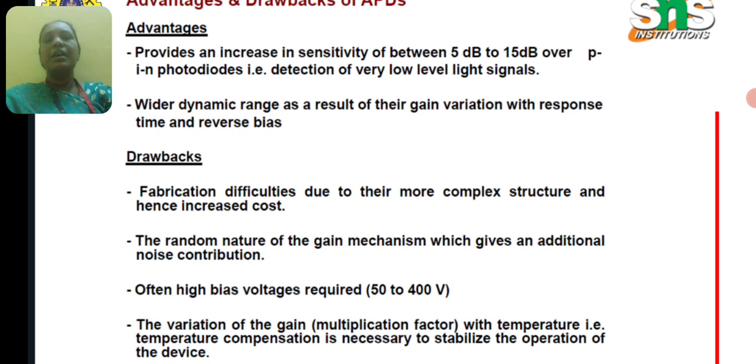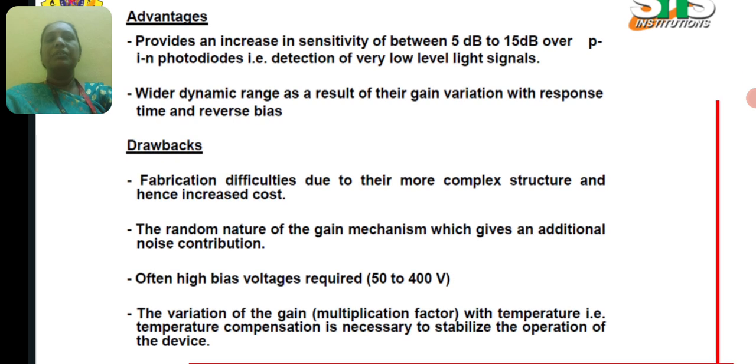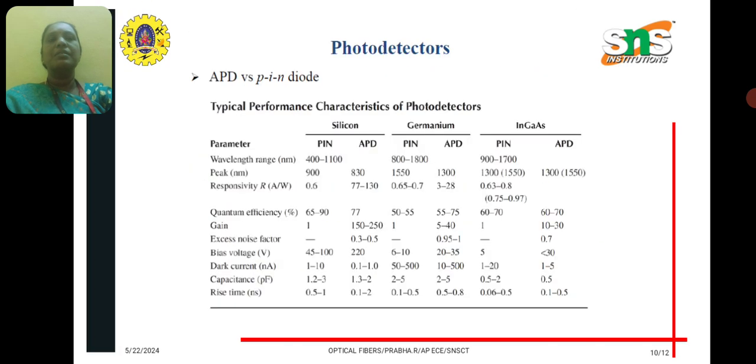Even though it has more advantages, there are some disadvantages: fabrication difficulties because of the complex structure, which also increases the cost; the random nature of the gain mechanism, which gives an additional noise contribution; often a high bias voltage is required; and the variation of gain with temperature. So temperature compensation is necessary to stabilize the operation of this device.